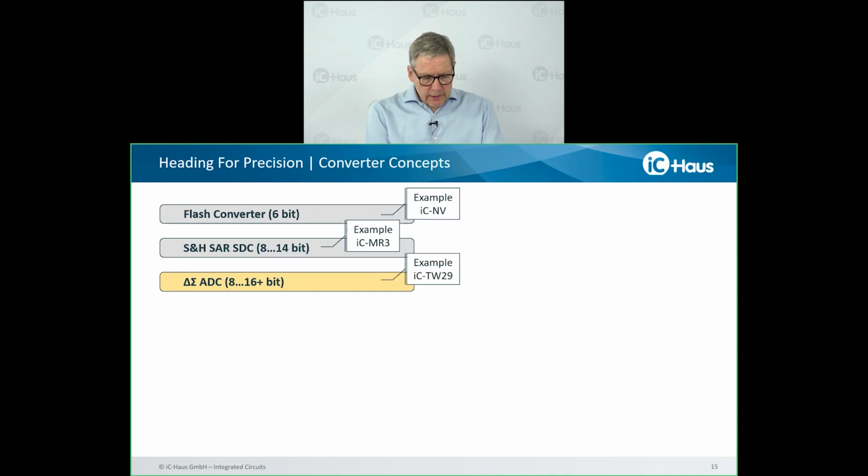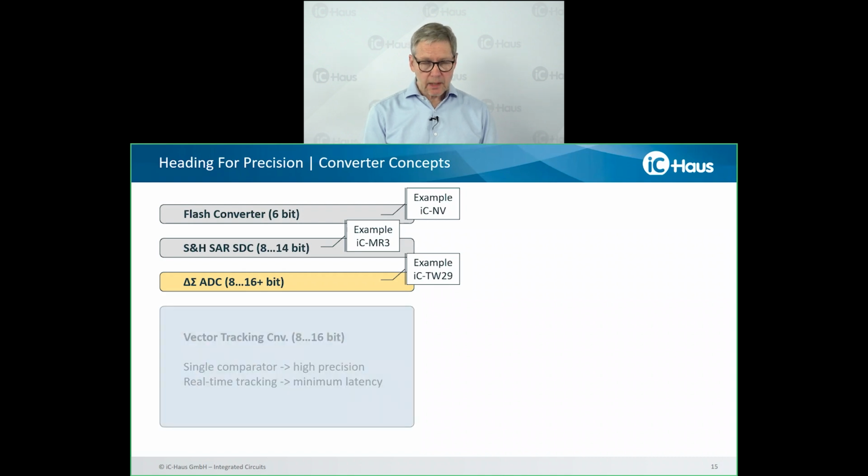Delta Sigma ADC-based interpolators, such as the iC-TW29, feature a fully digital error correction. That eases commissioning the sensor, but the angle is calculated and latency introduced. But keep in mind, this time is still 10 times faster than conventional resolver converters used for servo motor controls.